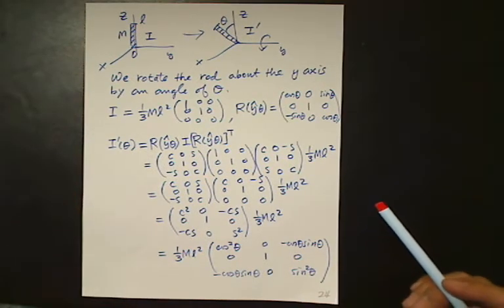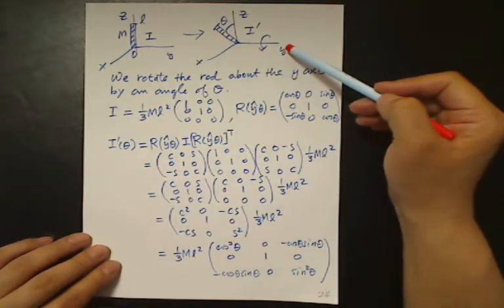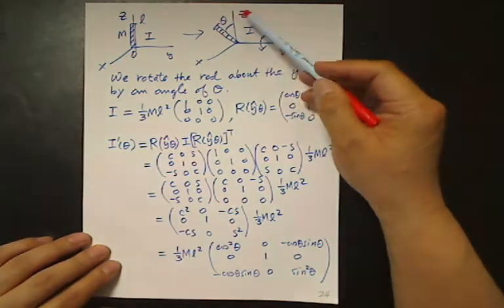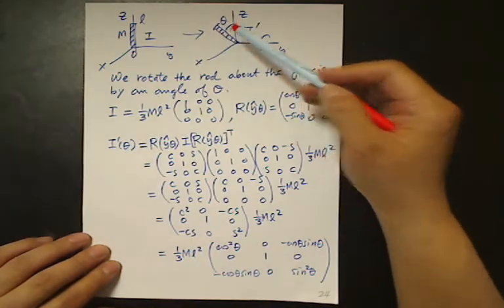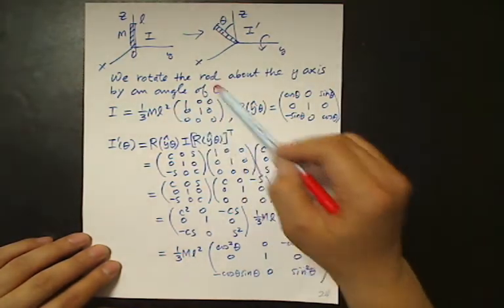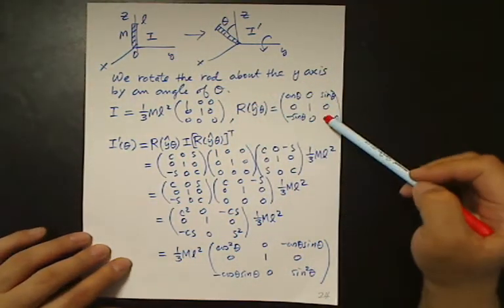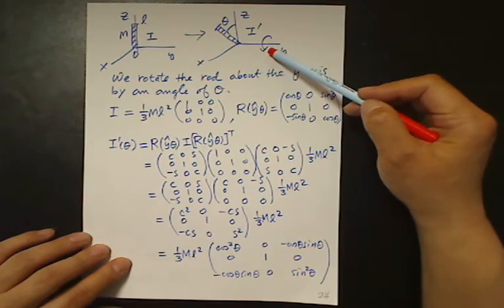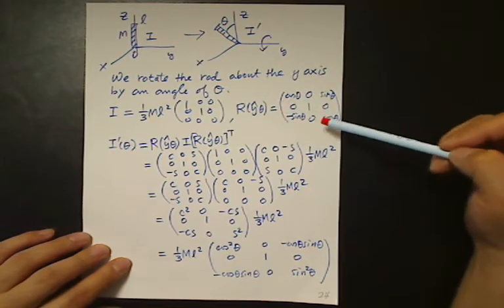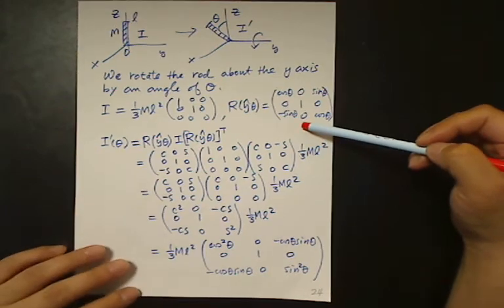Let us consider the inertia tensor when we rotate this rod about the y-axis on the xz plane with a finite angle theta. That can be obtained by coming from the original value and introducing the rotation matrix about the y-axis. We know the explicit form of this matrix from the previous chapter.